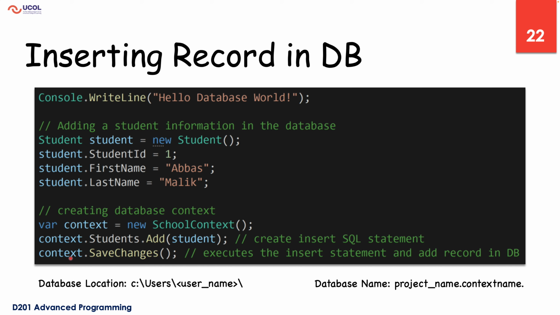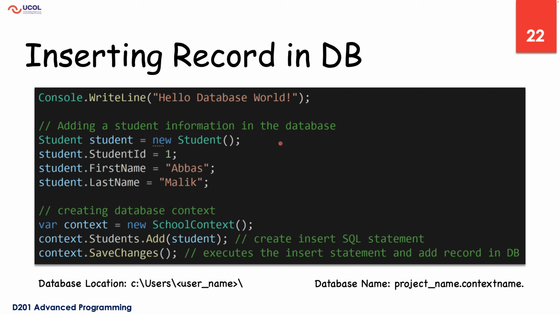And then when you say context.SaveChanges, it will execute that particular SQL statement on the database. And if the database is not created, it will also create the database, it will create the table, and then it will insert that particular specific record inside the Student table within our database. So once we have SaveChanges, it will go and update the records in the databases.